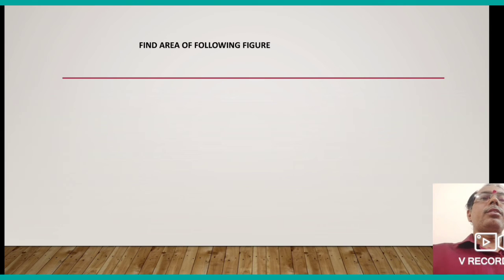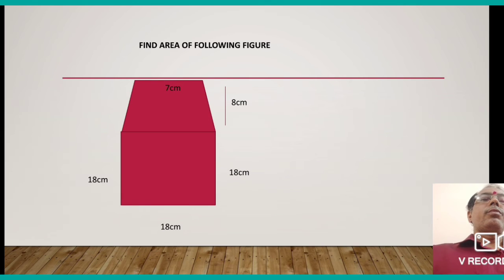Now next figure, find the area of the following figures. Just observe this figure. We have here actually two figures, one is a square and another is a trapezium, that is, trapezium upon the square. Now here we have the measurements: each side of the square is 18 centimeters, and the parallel sides of the trapezium are 7 centimeters and 18 centimeters.